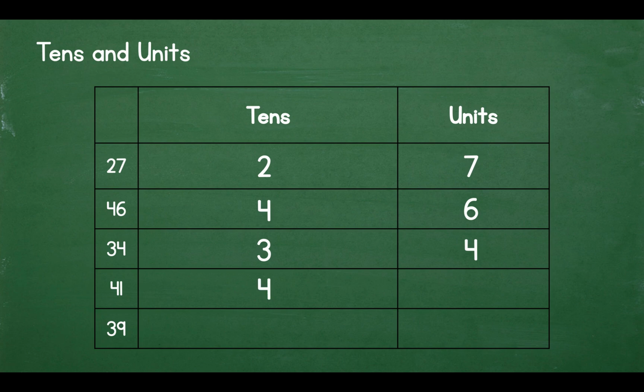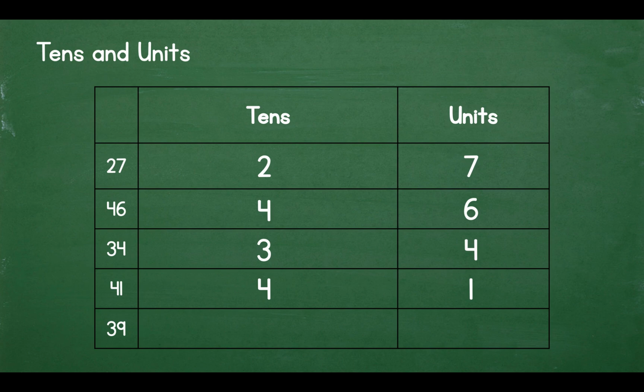Now the number 41. We have 4 tens and 1 unit. Say it with me. 4 tens, 1 unit. In our last one for this chart, we have the number 39.